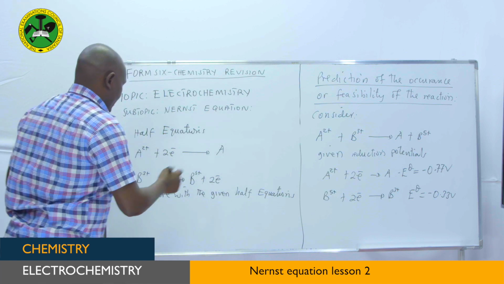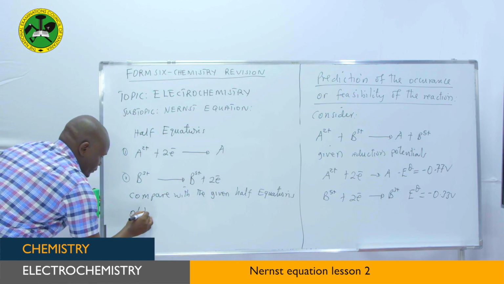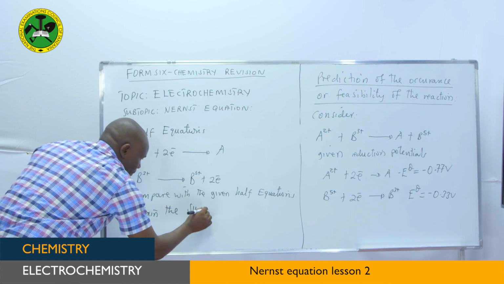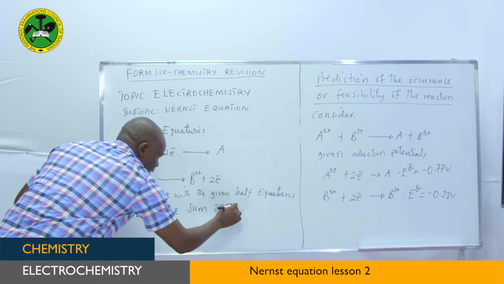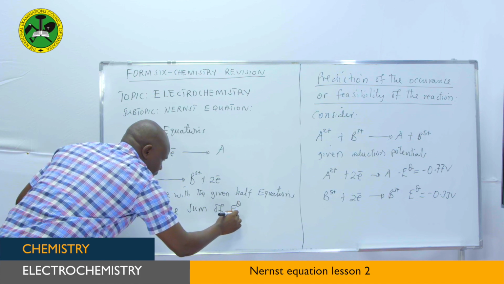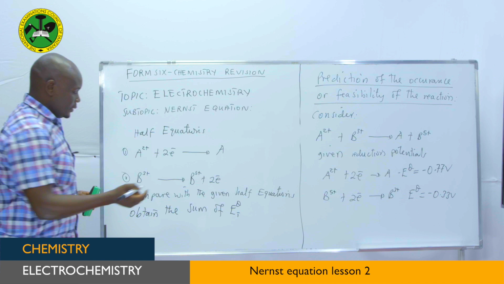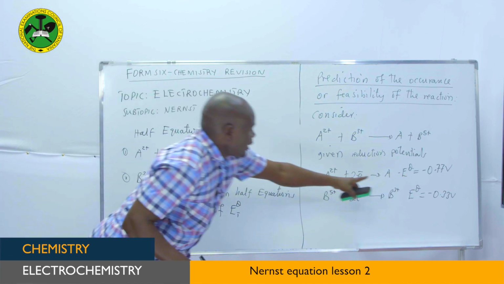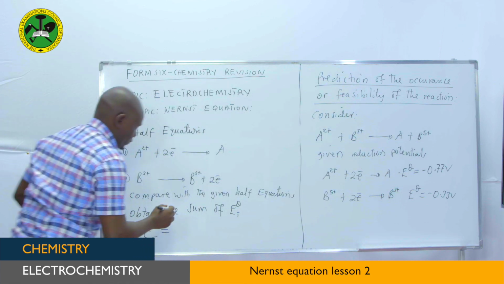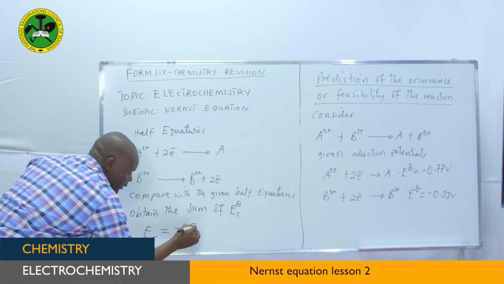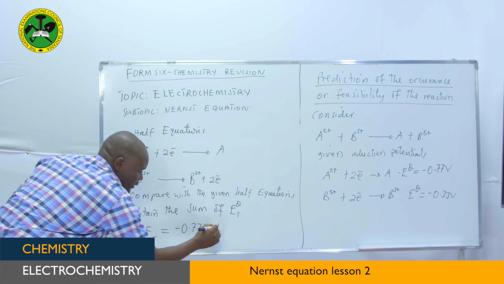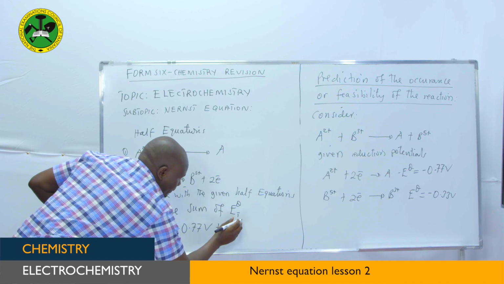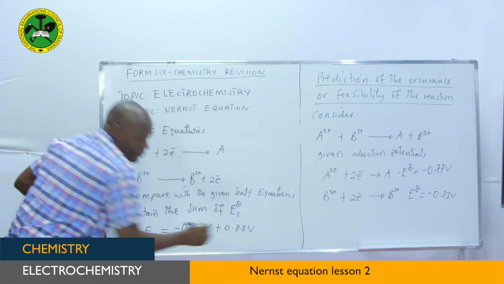Now from there you have to obtain the sum of the standard electrode potentials. Here E total will be equal to negative 0.77 volts, plus, as it is a summation, 0.33 volts.